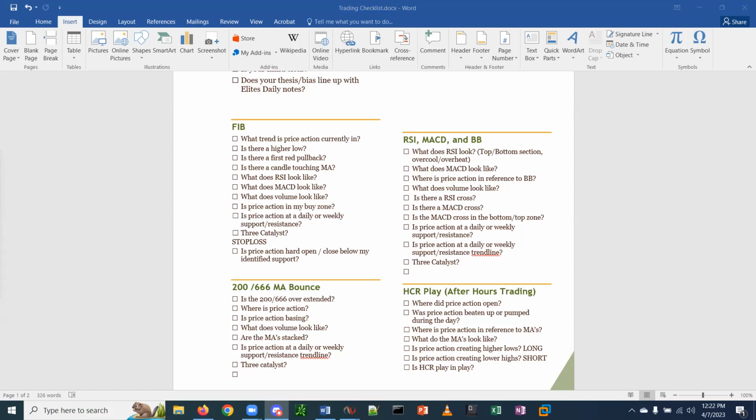Yeah, I might have mentioned it before, but it was how Elites teaches catalyst stacking. Basically, let's say you have 4 or 5 good catalysts to go long and 2 or 3 bad catalysts for going long. So you've got more positive catalysts for going long as opposed to negative.